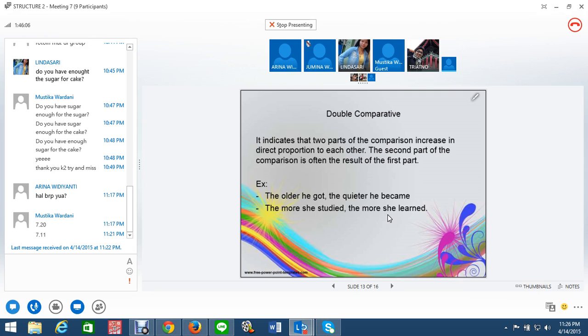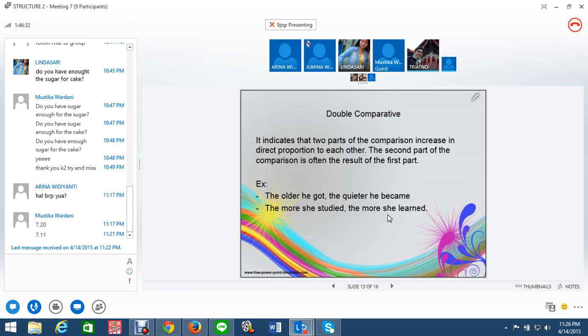Tadi kalau di repeating, ciri-cirinya apa? What is the characteristic in repeating of comparative? Iya, ciri-cirinya kata komparatifnya diulang. Terus setelah komparatif pertama ada and, right?